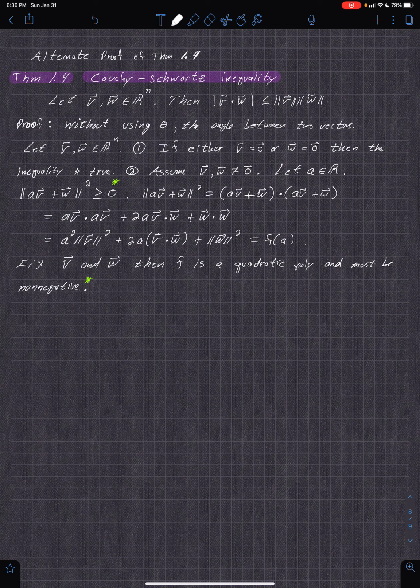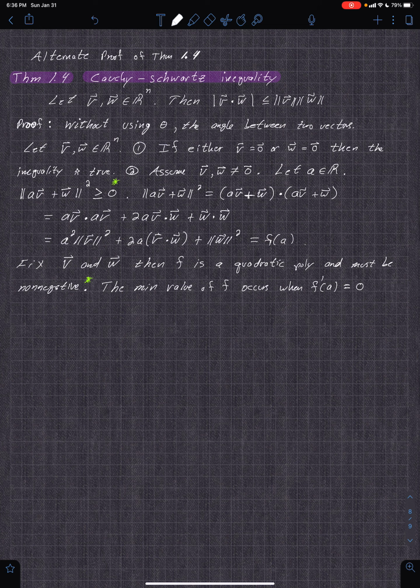So now we basically take derivatives. So the minimum value of f occurs when f prime of a is equal to 0, for some a.